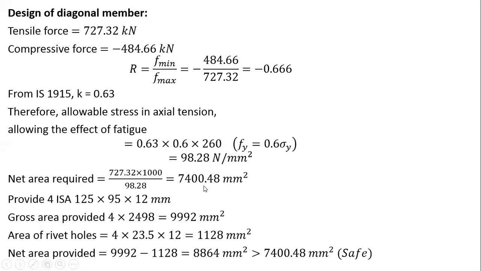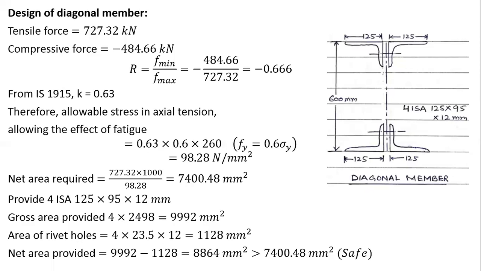Now because it is a tension member, I have to make some deduction for the rivet holes. So these are the angle members which I provided for the diagonal member. The section is slightly changed from the previous case. In the previous case the thickness is 8 millimeter; here it is 12 millimeter.